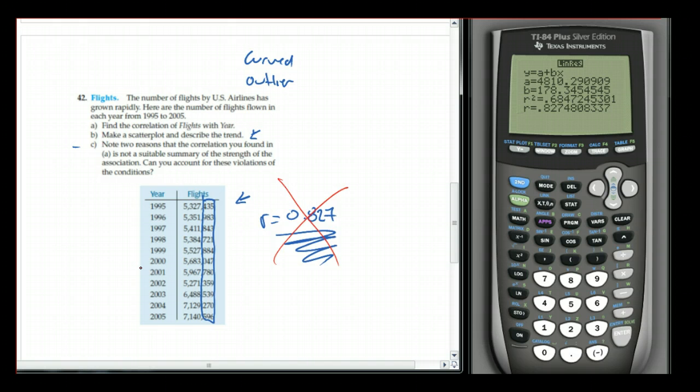Otherwise, maybe businesses sometimes follow a non-linear model, right? They start off slow, slow, slow, and then they take off once business is good. Maybe that accounts for the non-linearity. Hopefully you got the hang of this by now. I'll see you next time.